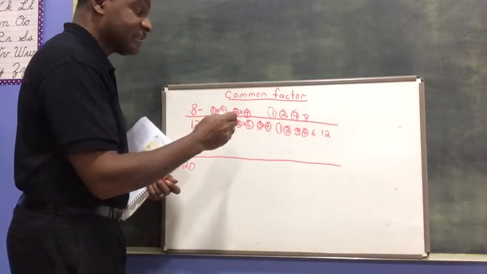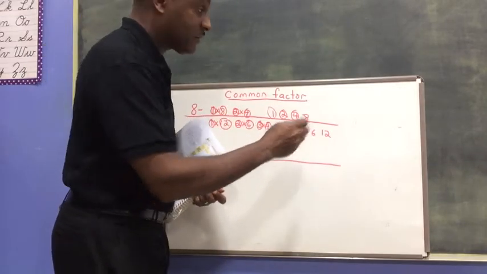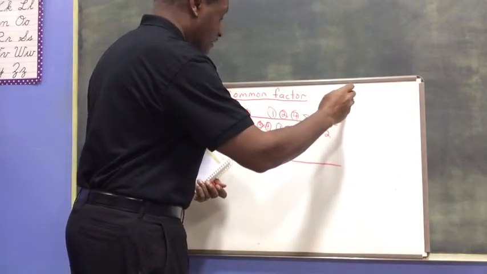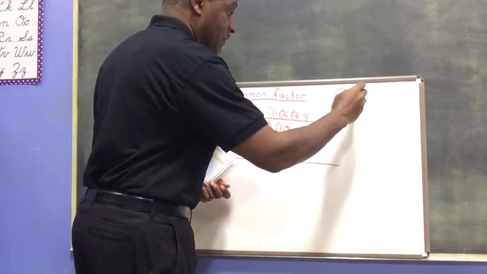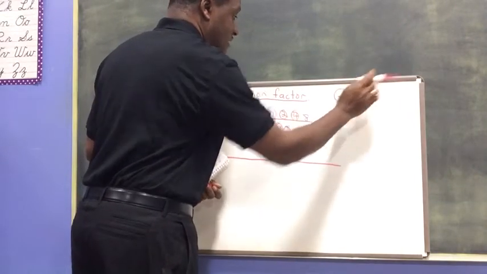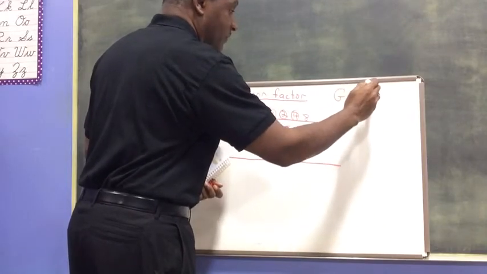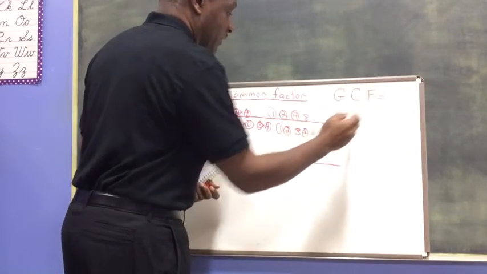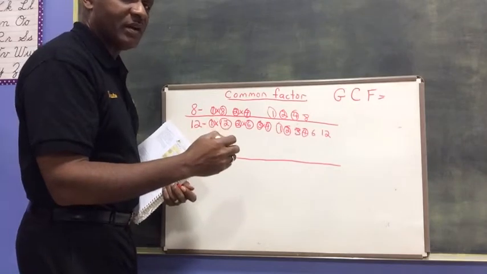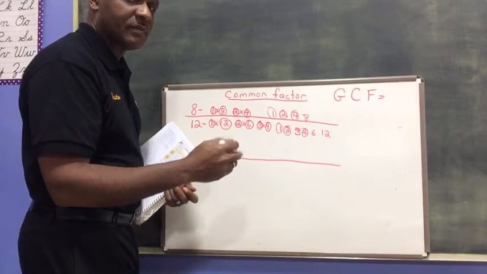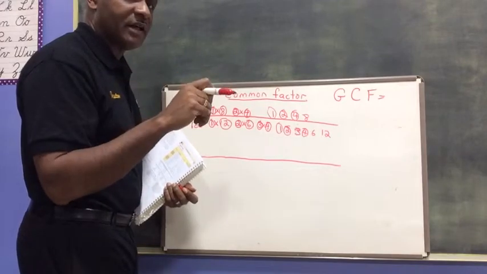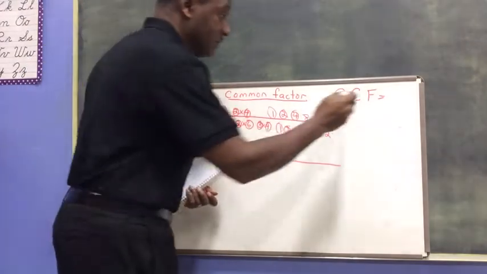What is the greatest or the largest common factor between 8 and 12? Greatest common factor, and I think that's GCF, right? What is the greatest common factor between them, Jose? Go ahead, Ray. 4.